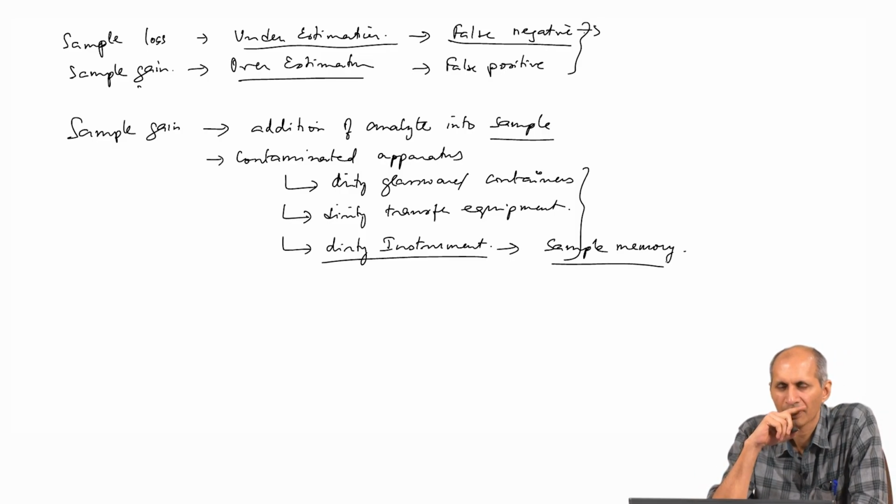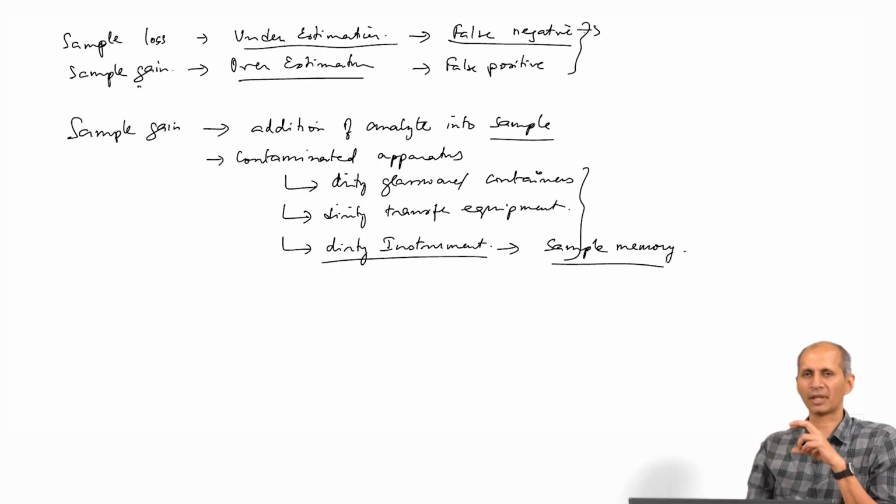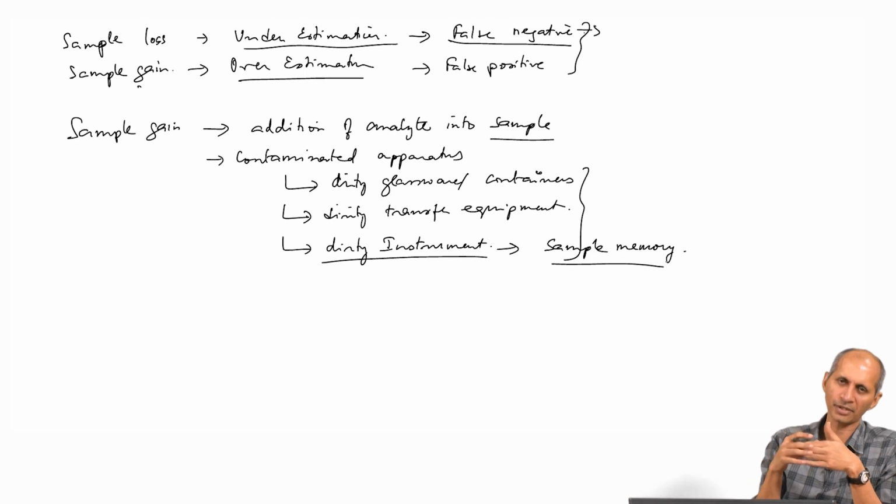There are a lot of very strange things that happen, because when you have sample loss, adsorption and volatilization are all driven by equilibrium, which means that material always moves from a region of high concentration to low concentration. So, if your analyte is in a medium at higher concentration than the one it is in contact with, it will try to adsorb there.